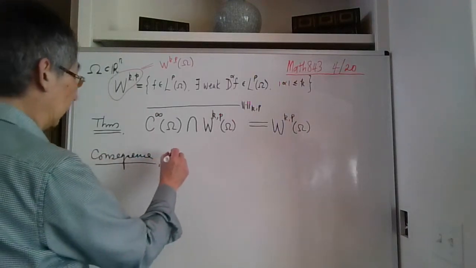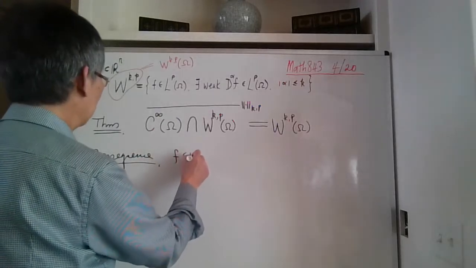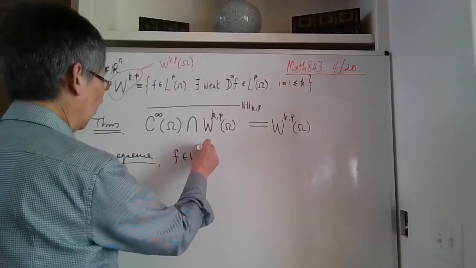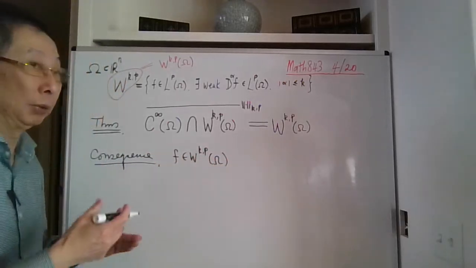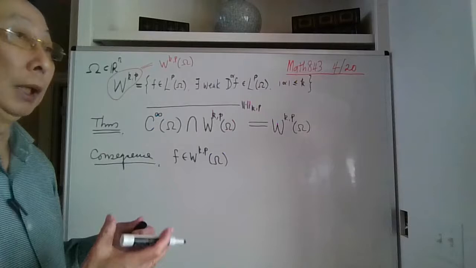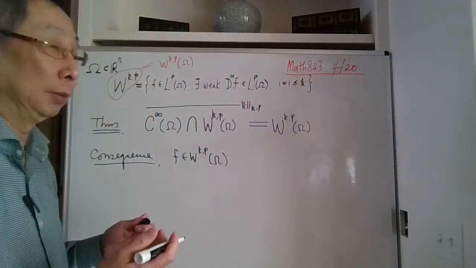So the important consequence is this: suppose you take a function f in W^{k,p}. This function carries many derivatives, all weak derivatives only, and the function itself may not be that smooth.